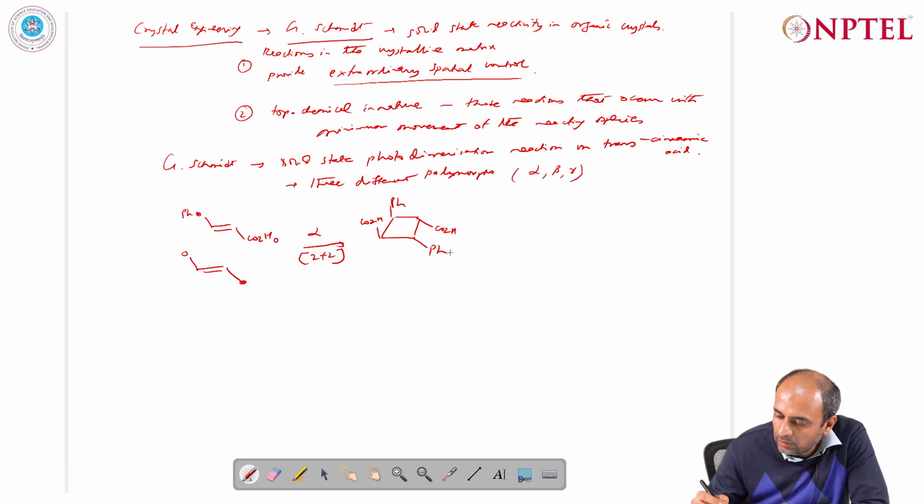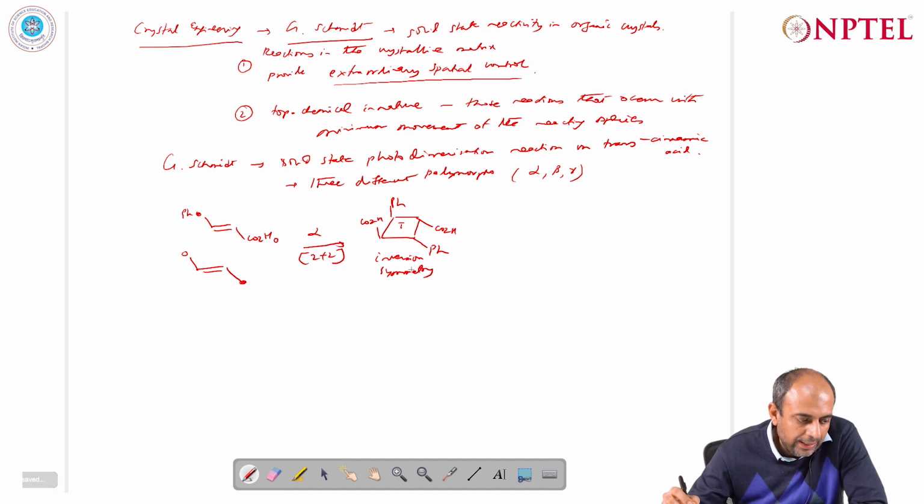So here you see that there is an inversion symmetry in the product, and the resulting compound is an acid.